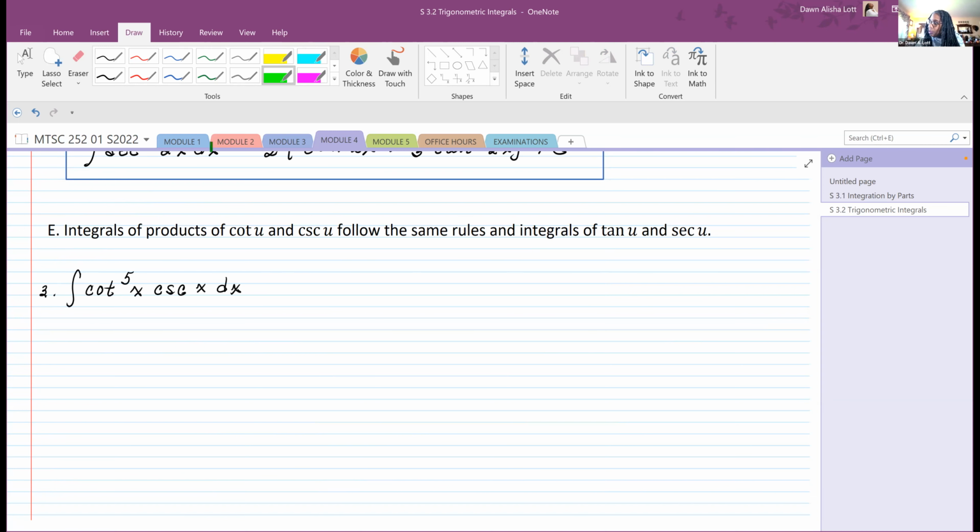Just like when the tangent was odd and we pulled off one, we're going to do the same thing, since the cotangent is odd. So we'll pull off one. This will be the integral of cotangent of x to the 4th power times the cosecant of x and the cotangent of x.